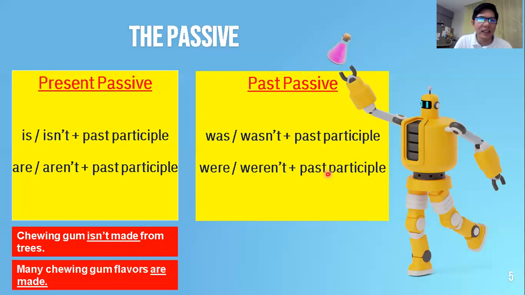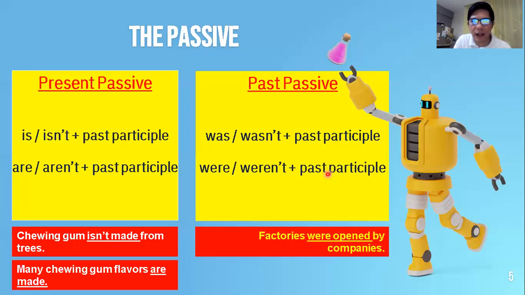Example 2. Many chewing gum flavors are made. So still we use are and the past participle of make, made. Let's go to exercises for past passive. Factories were opened by companies. So we use were, and the past participle of open is opened.